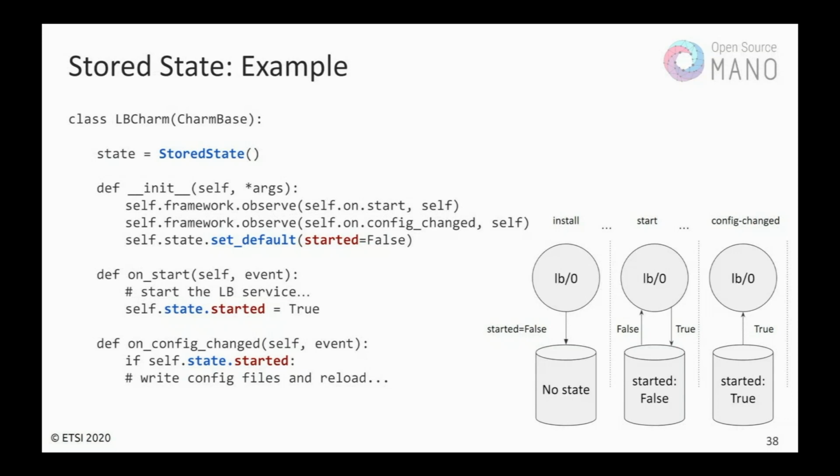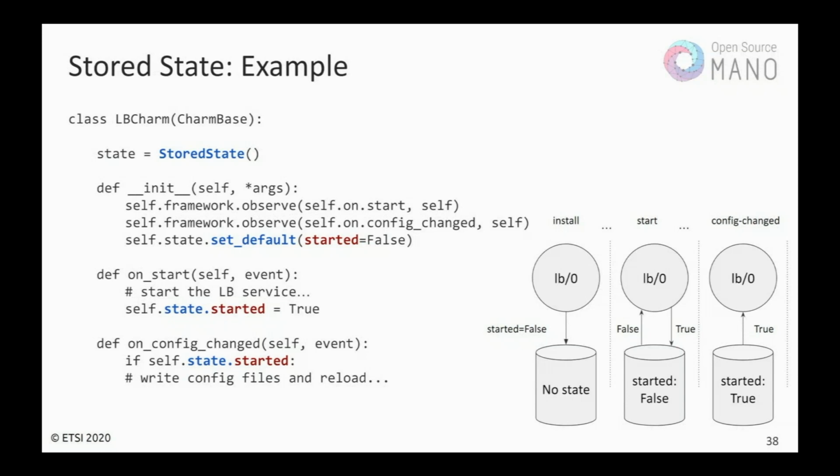So if you think about the sequence of events, first you have the install event. Since you set the default value to false, the initial state will be overridden. There's no state initially, so you write started equals false to that. And then the install hook execution ends, and your Python process dies. And then on the next hook execution, a new process is created, and you need to handle the start event.